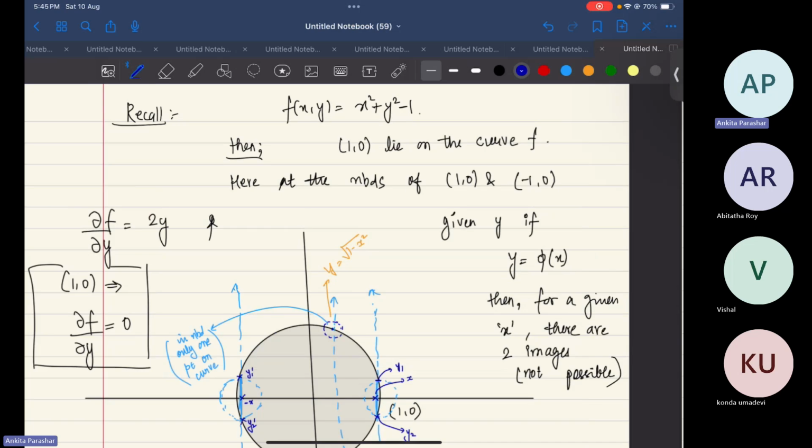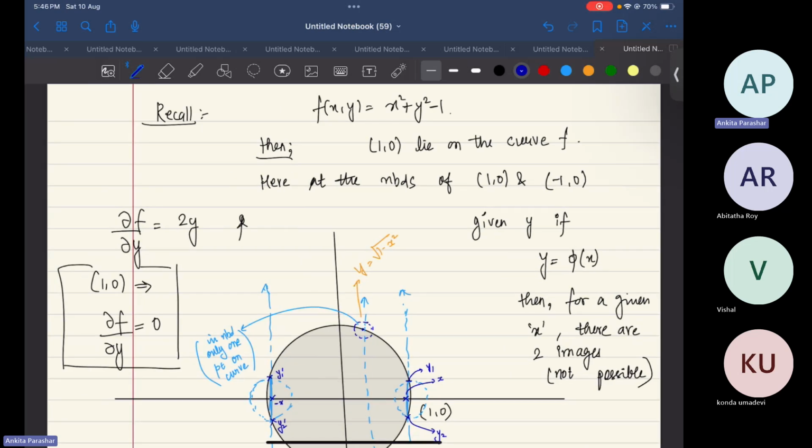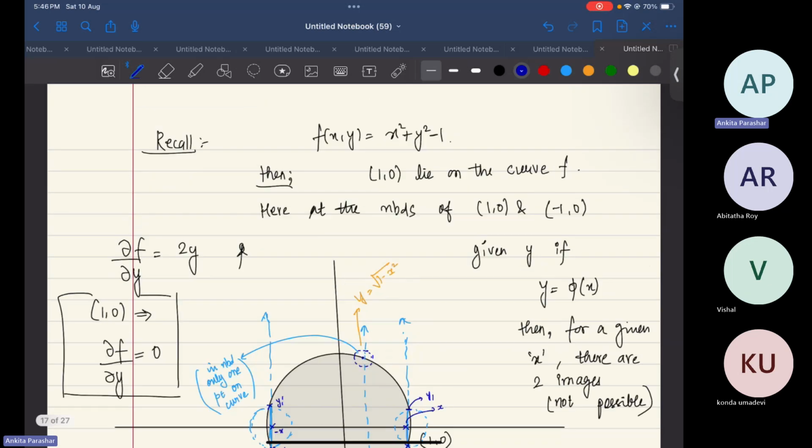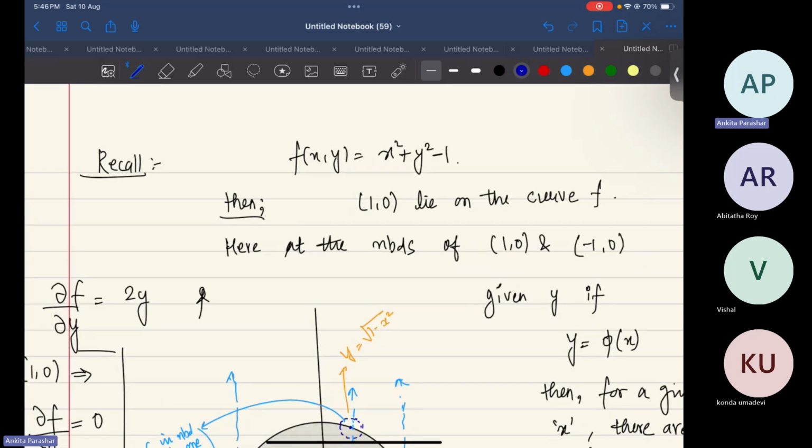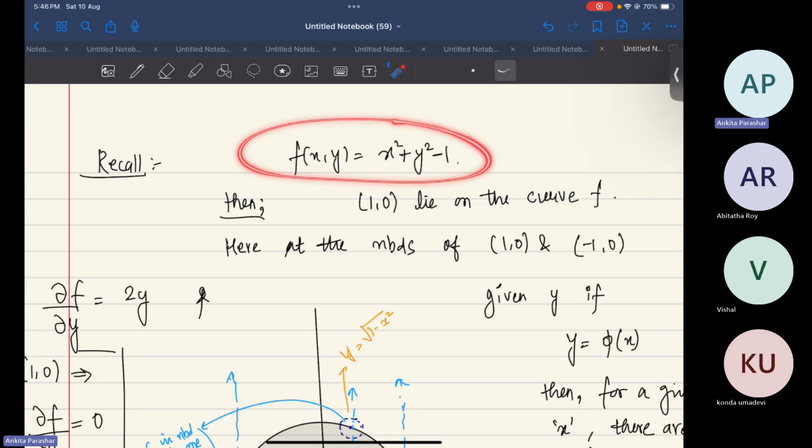Suppose you take f(x,y) to be x square plus y square minus 1. And if you see the partial derivative, what is the partial derivative of f with respect to y? It's 2y.